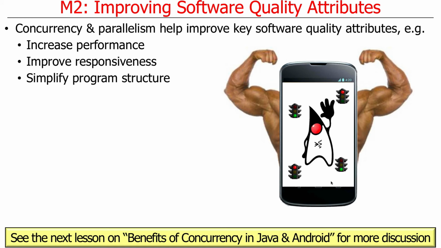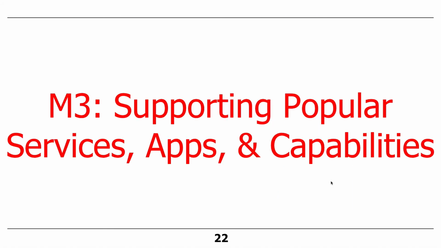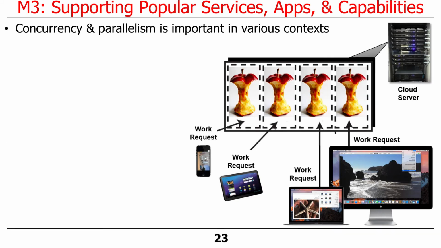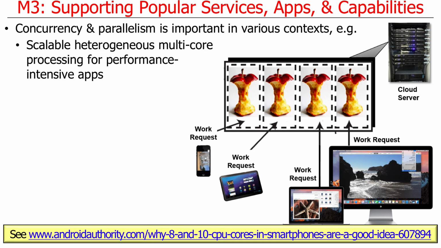We'll talk more about the benefits of these things shortly, and I'll give you an overview of how this stuff actually works under the hood in Java and in Android. Then the third motivation for this is we want to be able to support the kinds of things we've become accustomed to using computers for. So concurrency and parallelism is important in various contexts.